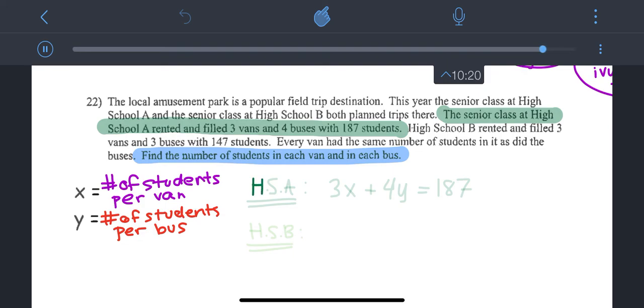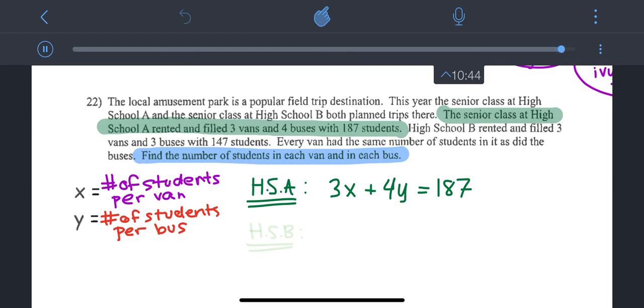So high school A, first equation. 3 vans and how many buses? 4 buses. Well, what represented buses? That would be Y. So 3X plus 4Y, and their total was 187 students.